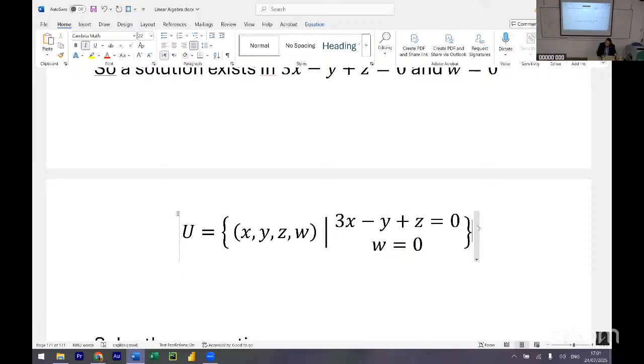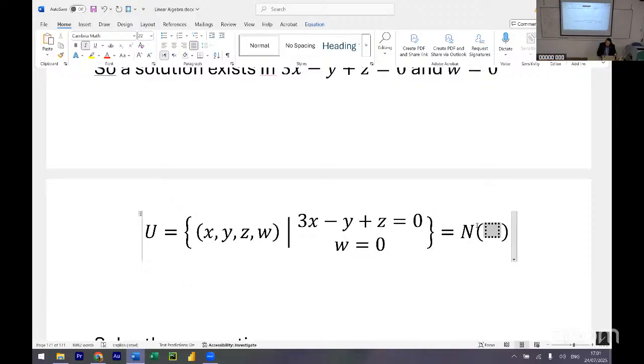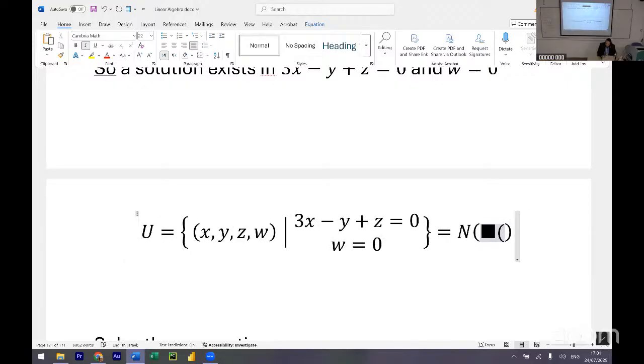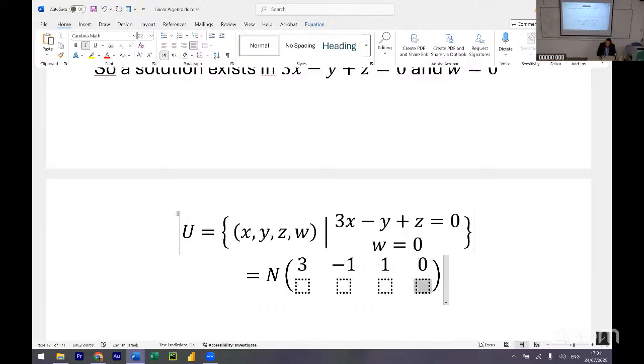Now it might interest you to know that this is the null space of which matrix? This is the null space of 3, minus 1, 1, 0, 0, 0, 0, 1. Is that surprising in any case? It shouldn't be.